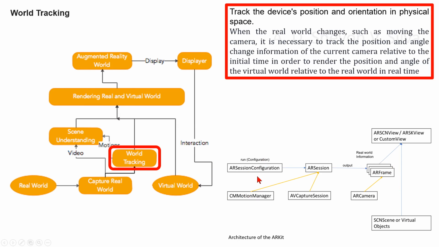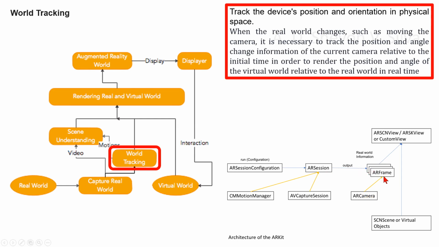Here you can see AR session configuration. Run configuration is connected to AR session. CM motion manager is connected to AR session. AV capture session is connected to AR session. AR session is connected to AR frame, and output is passed from AR session to AR frame.